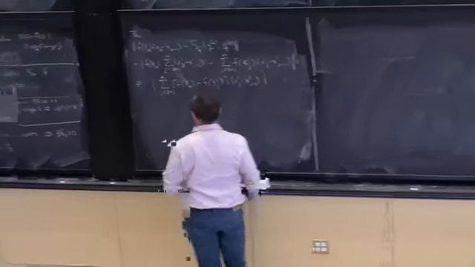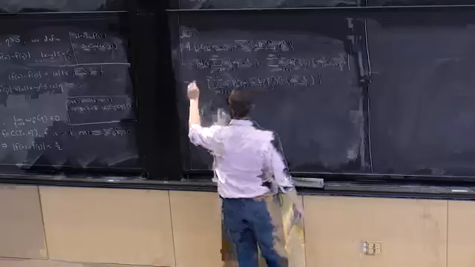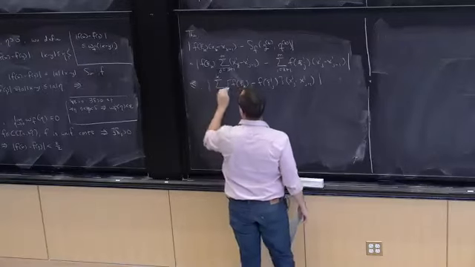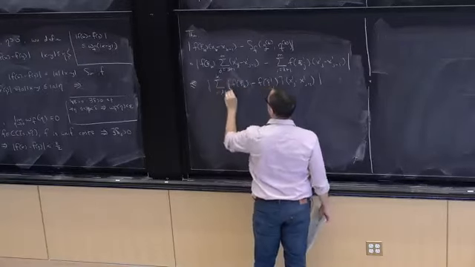Now, by the triangle inequality, the absolute value of the sum is less than or equal to the sum of the absolute values, so to save myself writing, I'm going to bring the absolute values inside.